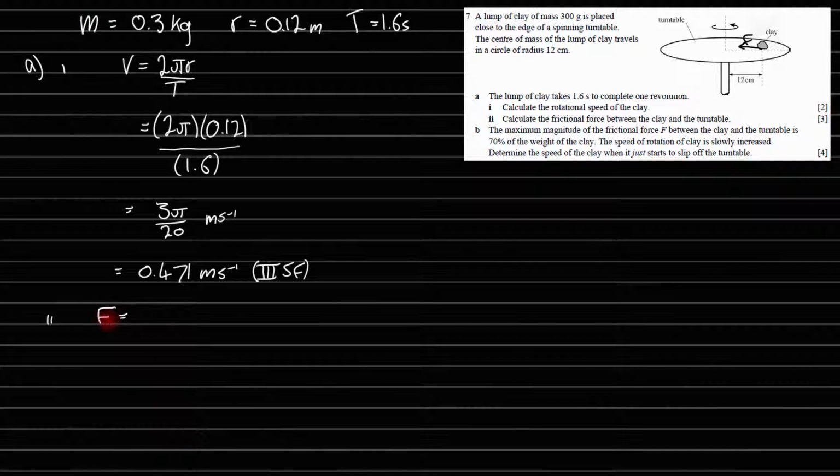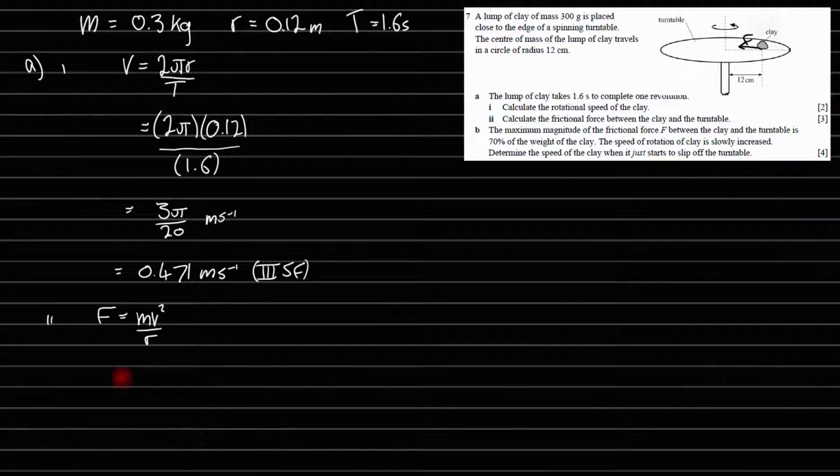We could then say that the centripetal force, which is equal to the frictional force, is mv squared over r. There's also the equation that centripetal force F equals omega squared times r. However, to get omega, the angular velocity, we'd have to go down another path anyway, so it's not really worth our time there.